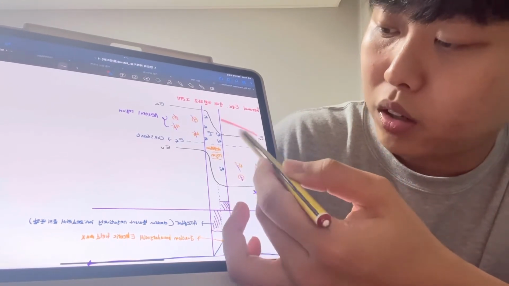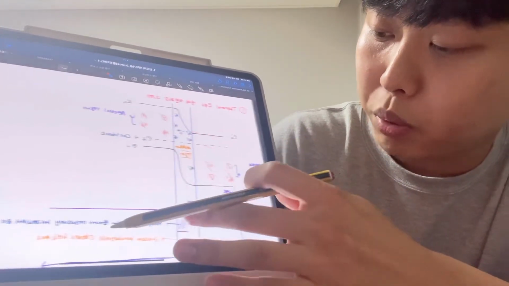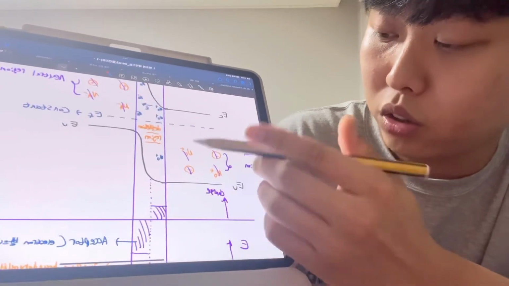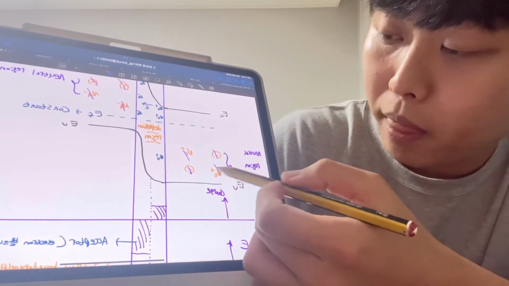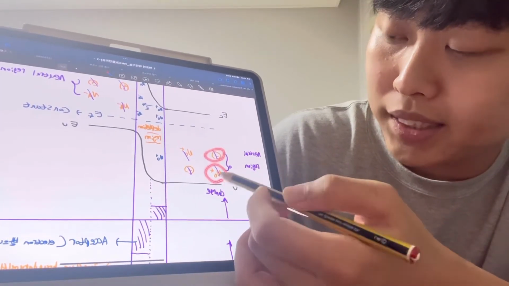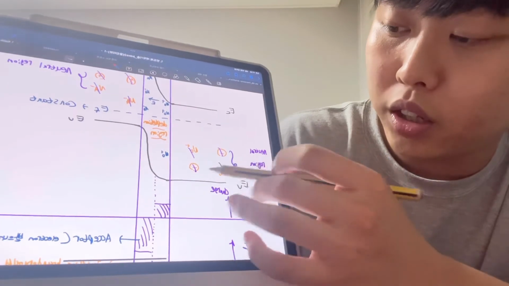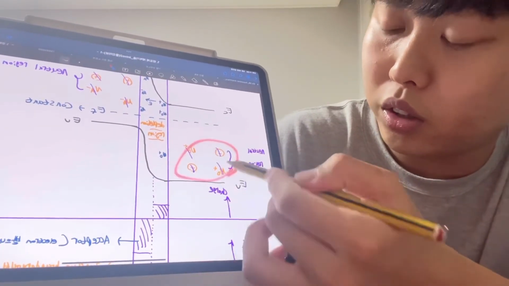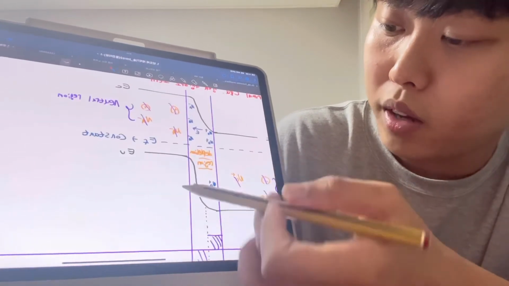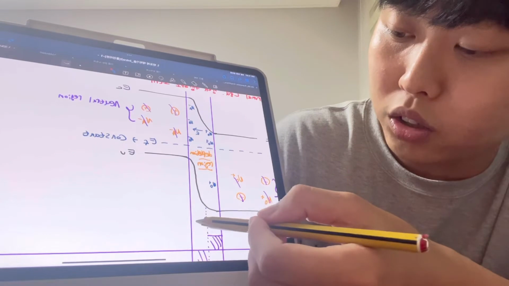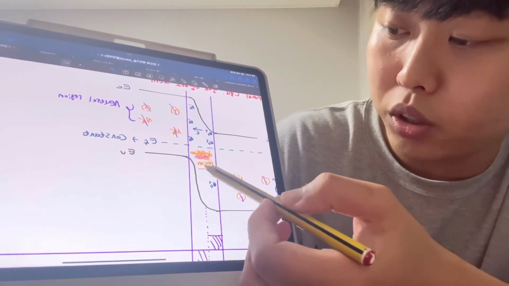The part in the n-type we call the neutral region, because the mobile carriers and electrons that stayed here get depleted, and they will stay neutral. And between the n-type and p-type, at the junction point, we call it the depletion region.